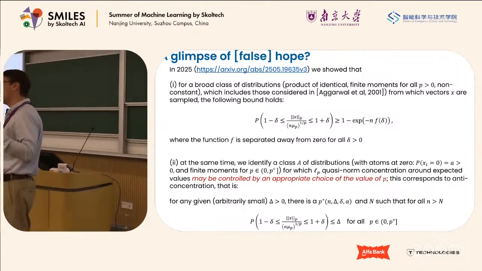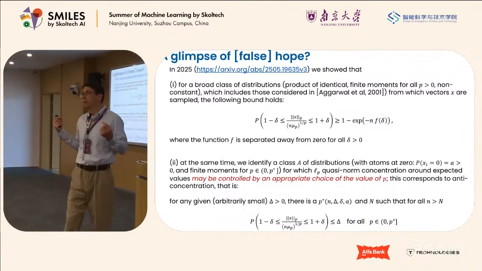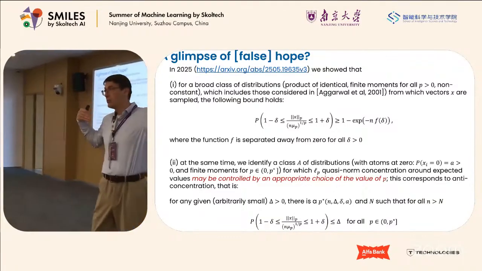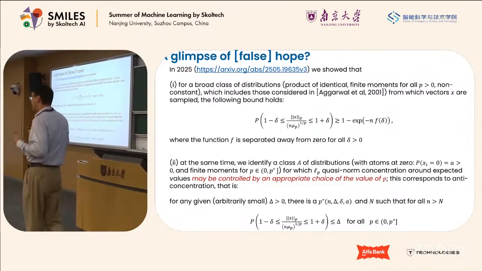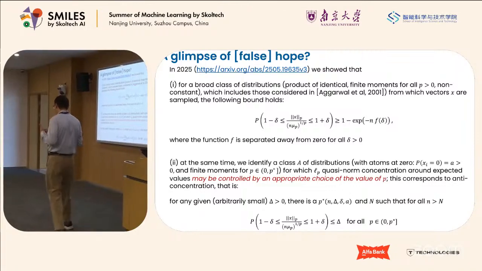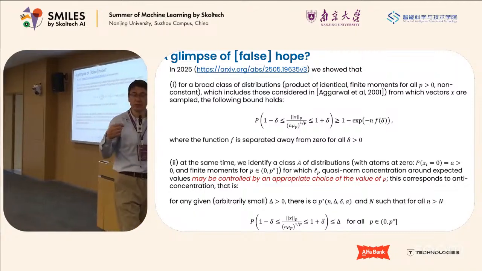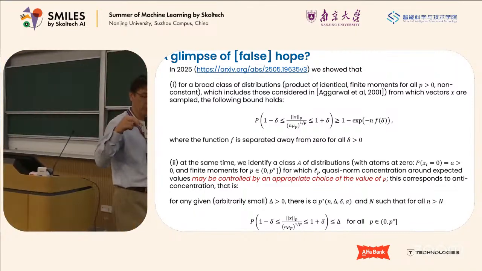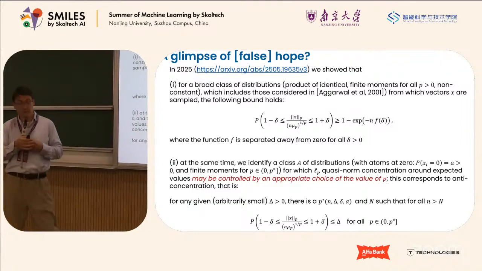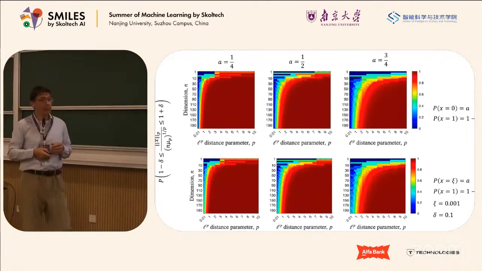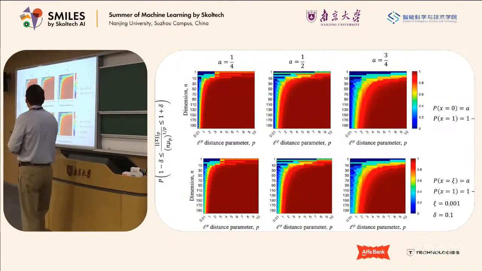So what I'm trying to say is that you can pick p small enough so that you escape the concentration. This is something important to bear in mind, and it's related to the fact that your distribution must have an atom at 0. And then here are some results, simulations which I created for you.